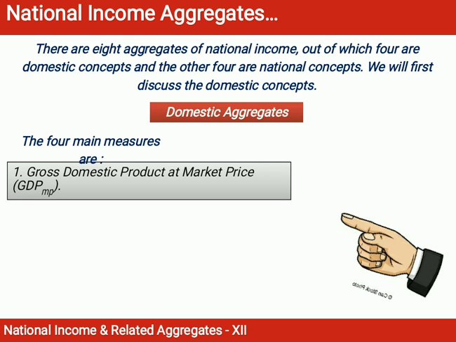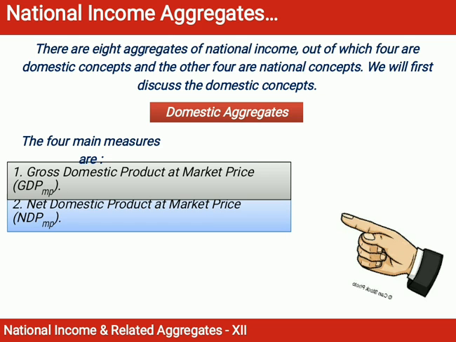The term market price in GDP signifies that it includes the amount of indirect taxes paid and excludes the amount of subsidies received. That is, it shows that net indirect taxes have been included. And the term product in GDP MP signifies that only final goods and services have to be included.